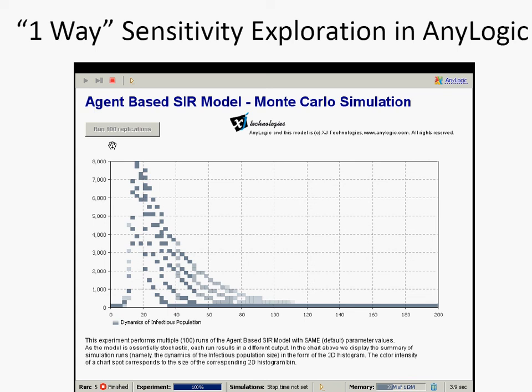Okay? Sensitivity analysis. I would highlight one very important point here that I haven't really emphasized, but it bears note. When we have assumptions in our model, we have many options to impose them within AnyLogic.